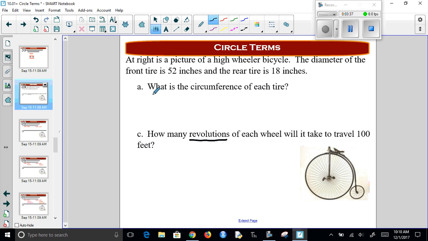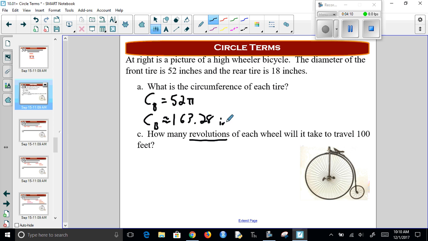So if I want to find the circumference of the big one, I'll put a little subscript here just to denote that that's the big one. It's going to be 52 times pi. And since this is a real world problem, let's put this in decimal form. So circumference of the big is going to be 52 times 3.14, approximately 163.28, I should say approximately because we are rounding there.